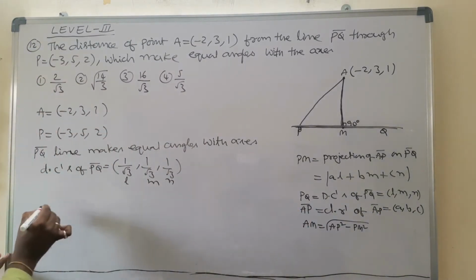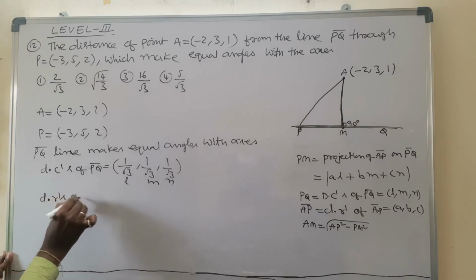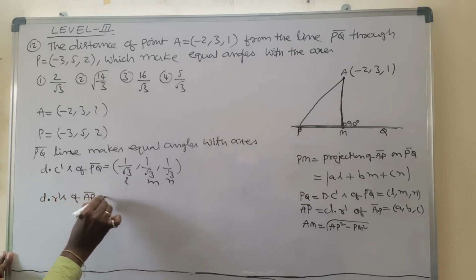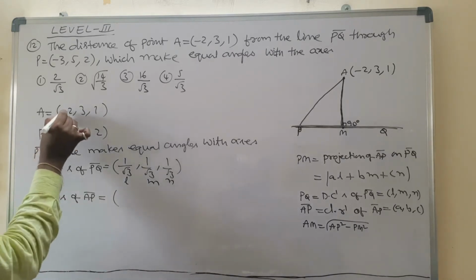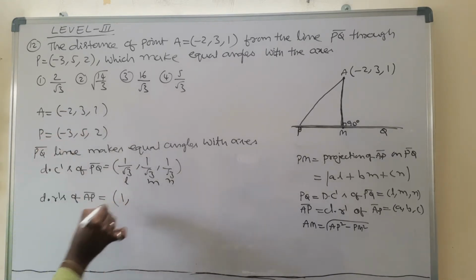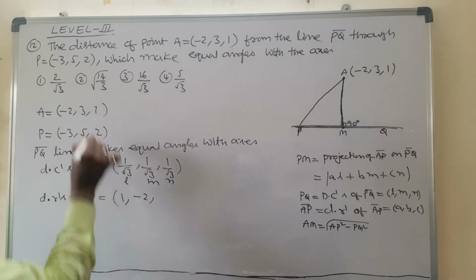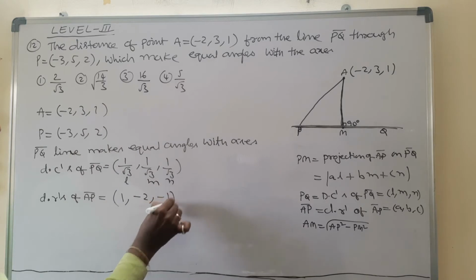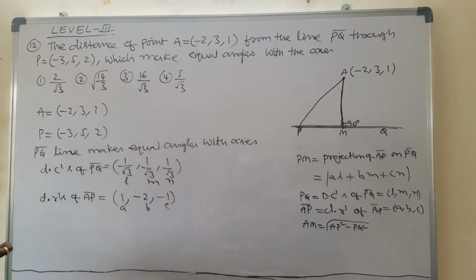Next, to find the direction ratios of AP. Here, to find the direction ratios of AP: minus 2 plus 3 is 1, 3 minus 5 is minus 2, 1 minus 2 is minus 1. This is A, B, C, the direction ratios of AP.